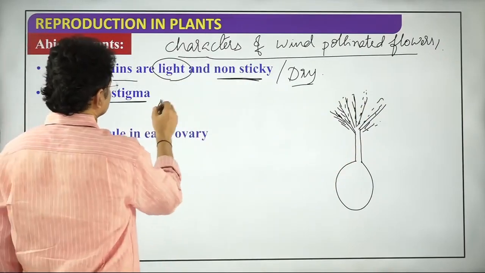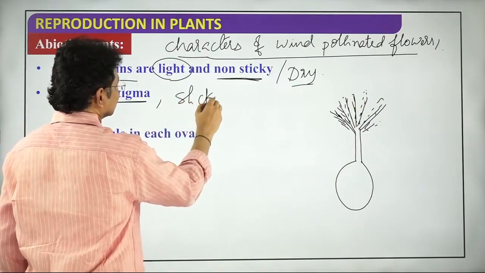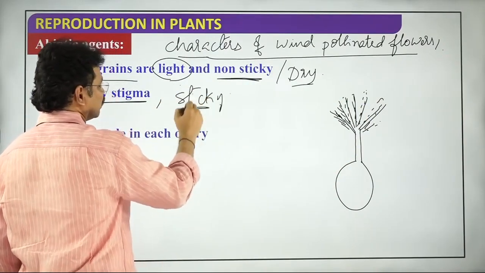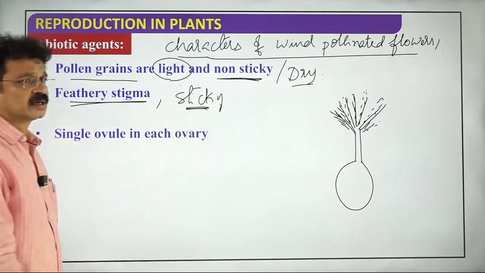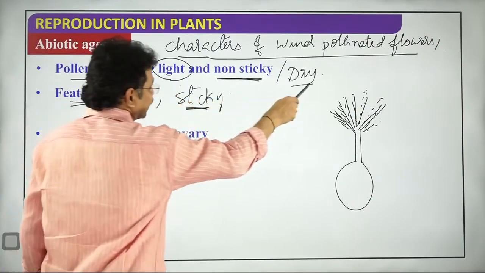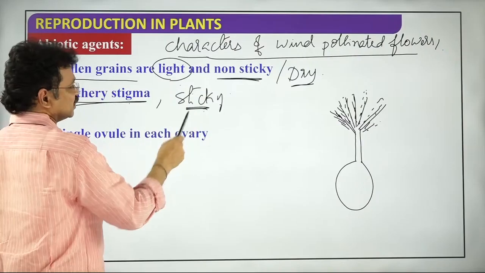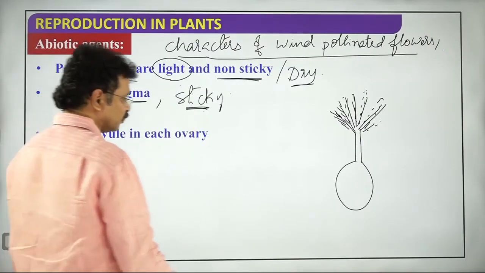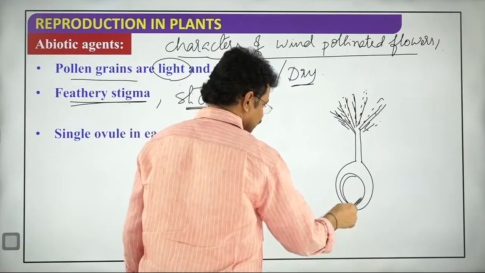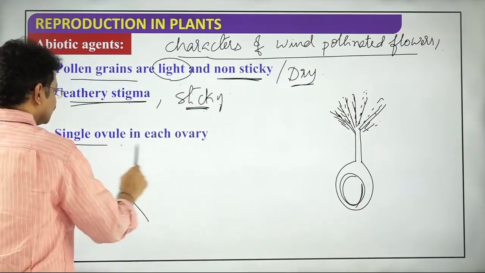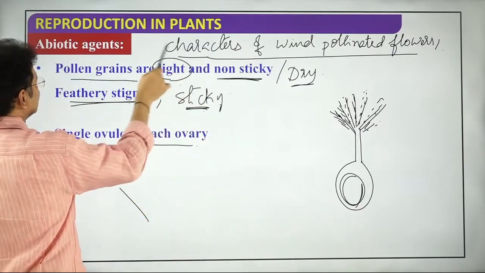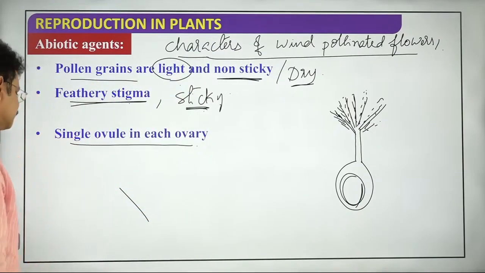Sometimes the stigma is also sticky, to easily catch pollen floating in air. Pollen should be dry, but the stigma should be sticky. And only one ovule is present inside the ovary. A single-ovulate ovary is also one of the features of anemophilous, or wind pollinated, flowers.